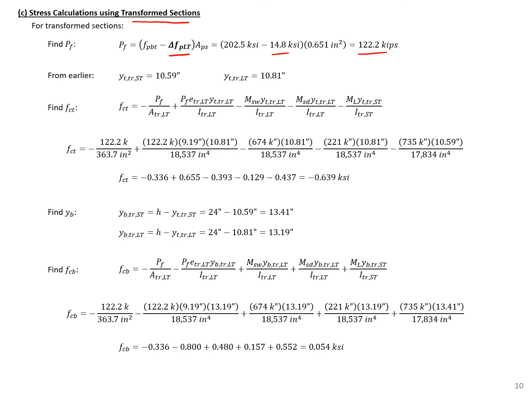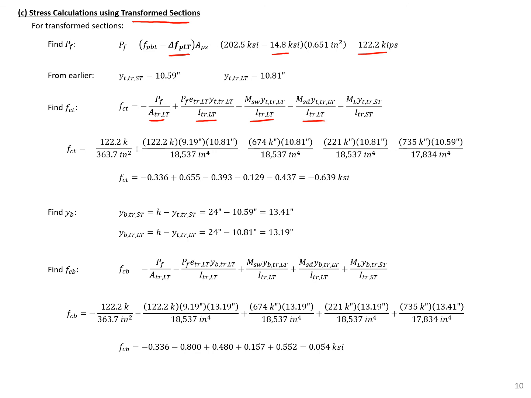We can then use our transform section properties for any sustained loads. So this includes our pre-stressing, our self-weight, and our superimposed dead loads. So here you can see our long-term transform section properties we use for our pre-stressing, for our self-weight, and for all of our other superimposed dead loads or sustained loads.